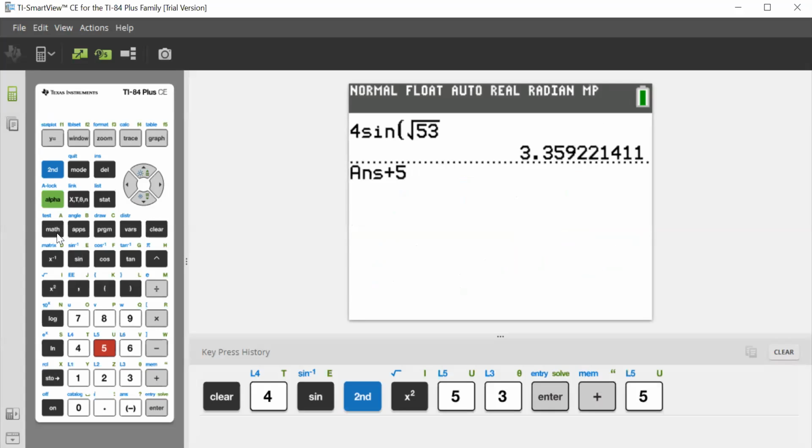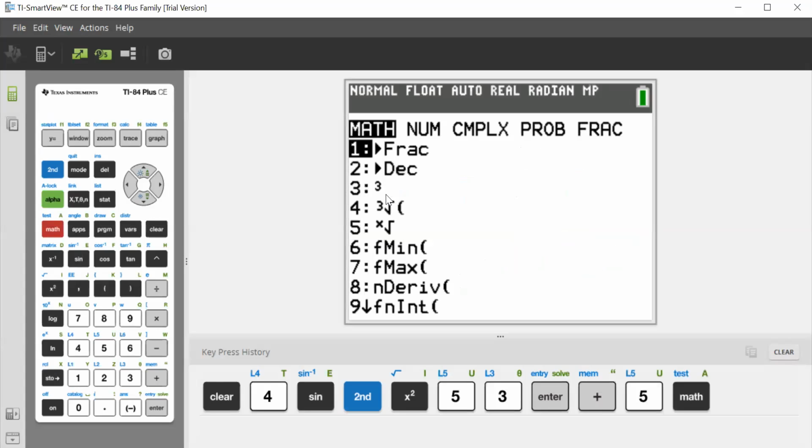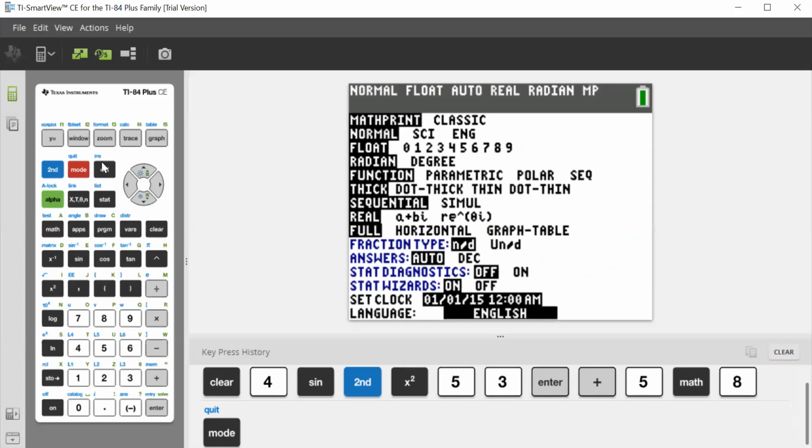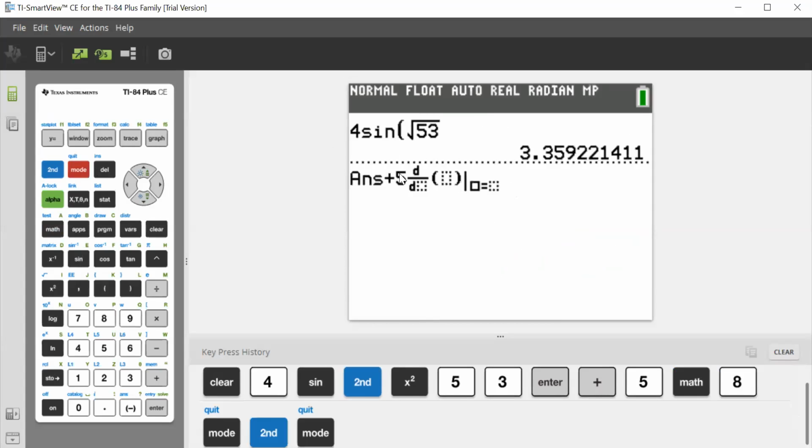So we can just put in here 5 times the derivative with respect to x of our function f of x, which was x sine of root 3x squared plus 5.